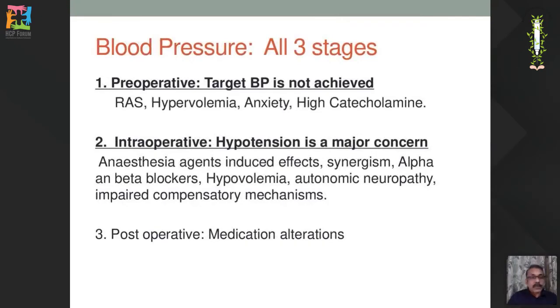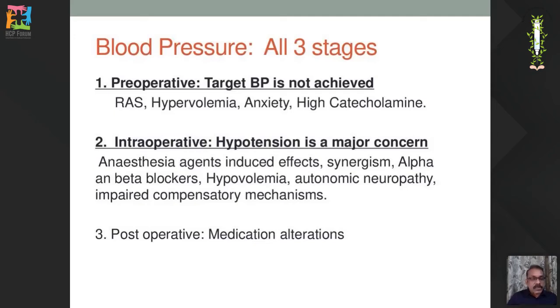Now, blood pressure, coming to all the three stages, preoperative, intraoperative, and postoperative: blood pressure management and targets are very difficult to manage, and they're equally important. Preoperatively, the target BP is not achieved in most patients. We see patients with 150, 160, or sometimes 190 systolic pressure for various reasons, despite being on maximum antihypertensive medication.